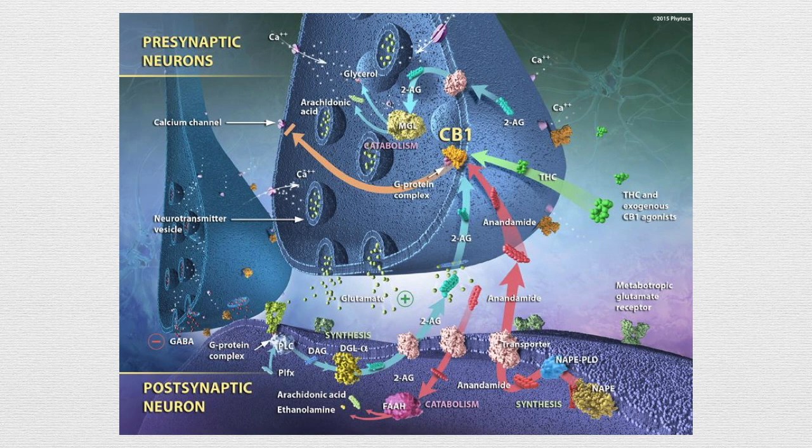Typically the nerves, you'll see here, this is a nerve cell up top, will send information to the bottom cell, but what the endocannabinoid system does, you can see over here on the right, through anandamide, is it sends information backwards across what we call the neural cleft. And so let's talk about what that means.